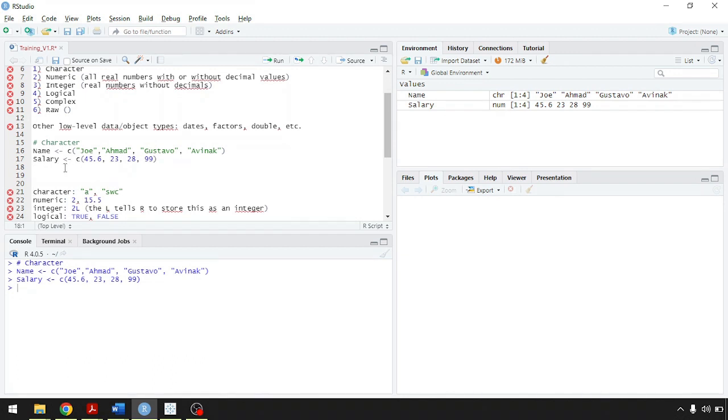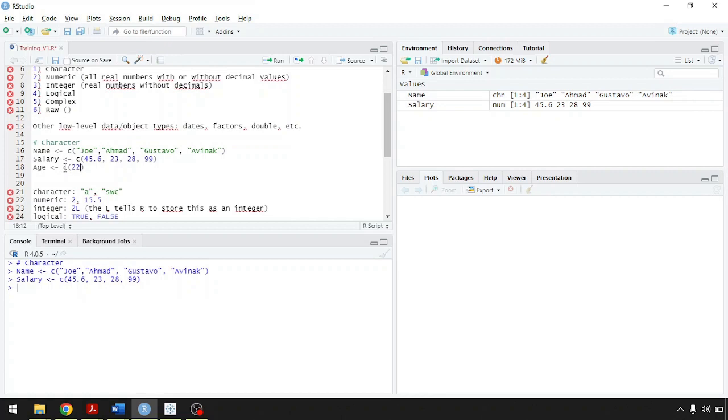The third one is integer, and integer values are real numbers that don't have decimals. They don't have anything in fractions. For example, this could be age. Somebody can't say, I'm 3.5 years old. You're either 3 years old or 4 years old. So age could be 22. If you put the age here, you can always go and change it to an integer so it doesn't take on decimal values using the as function.